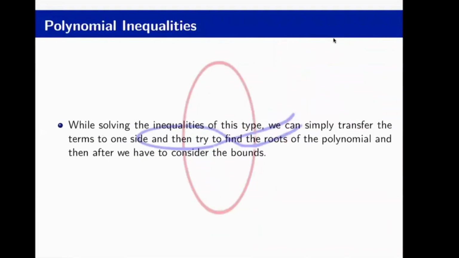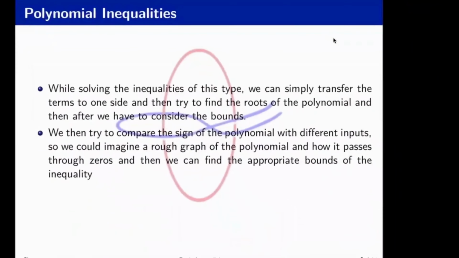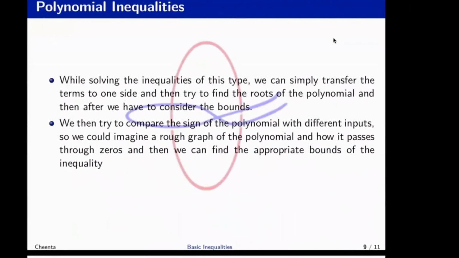Now, while solving polynomial inequalities, we can simply transform the terms to one side and try to find the roots of the polynomial, and then consider the bounds. We compare the sign of the polynomial with different inputs. We can imagine a rough graph of the polynomial, of how it passes through zeros, and then we find the approximate bounds of the inequality.